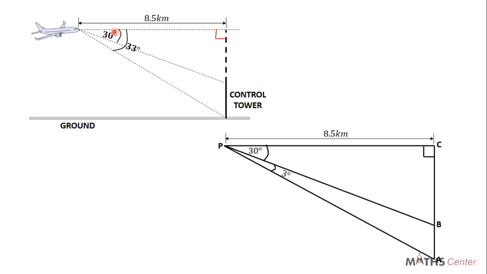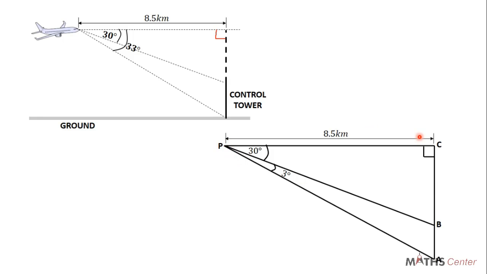We also know that from this horizontal line to this other line is 33 degrees. But look at something. From here to here is already 30 degrees, so it means that the small angle is 3 degrees. Because if you add 3 to 30, you get the whole thing, which is 33 degrees.